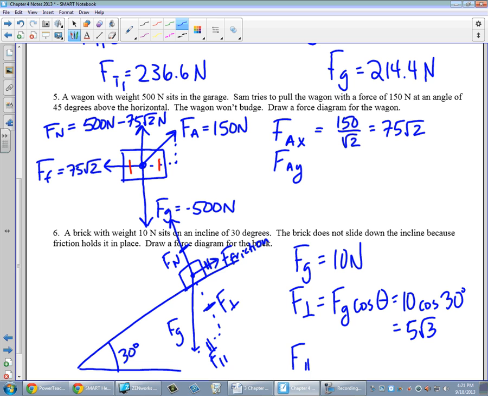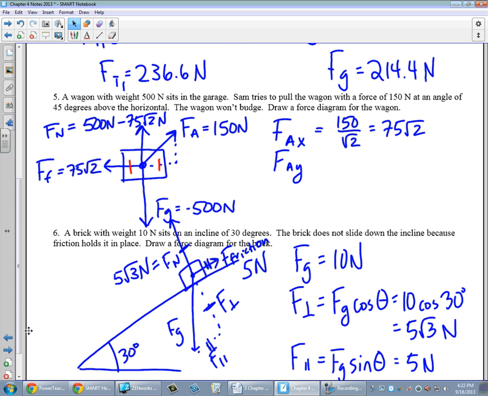And the parallel is going to be equal to Fg sine theta, which is just going to be 5 newtons. And then we can see our equal components. We can see that the parallel force will be equal and opposite to the force of friction at 5 newtons, and the normal force will be equal to 5 times the square root of 3 newtons. And we will pause there.